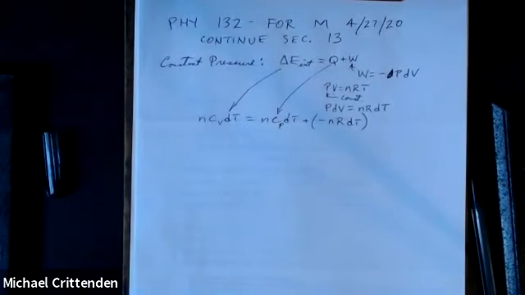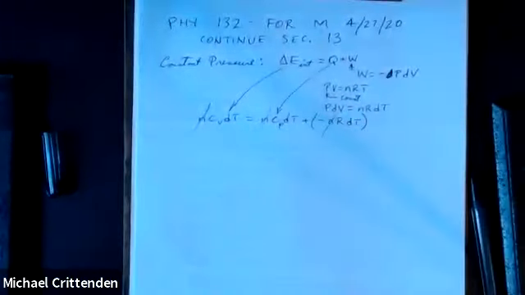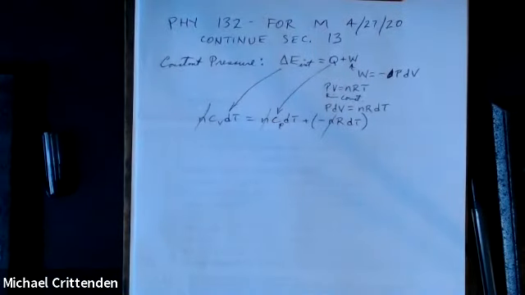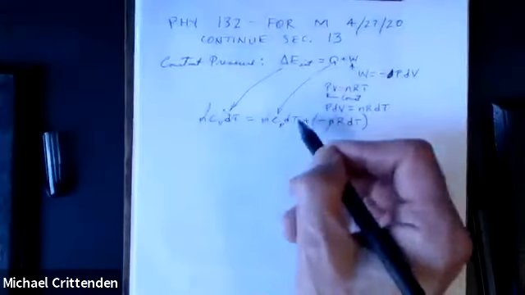And then quite a few things cancel out. You divide both sides by n. n over n is equal to 1, and we're rid of that. Divide both sides by dT. And dT divided by itself is equal to 1, and we're rid of that.